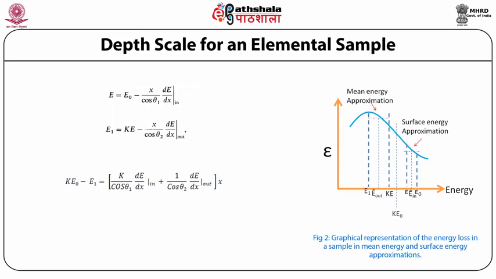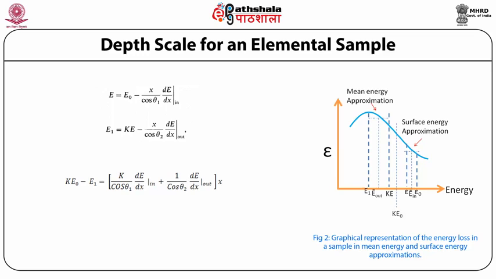By eliminating E from these two equations, we have KE0 - E1 = [K/(cos θ1 (dE/dx) of the inward path) + 1/(cos θ2 (dE/dx) of the outward path)] multiplied by x.